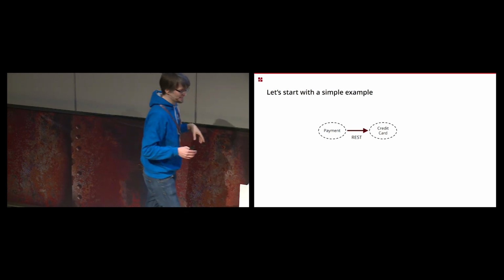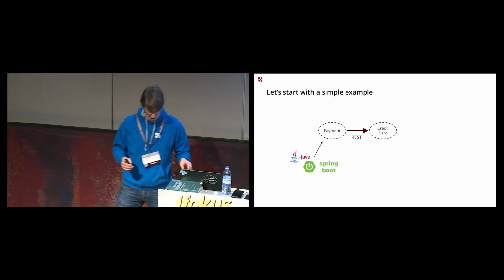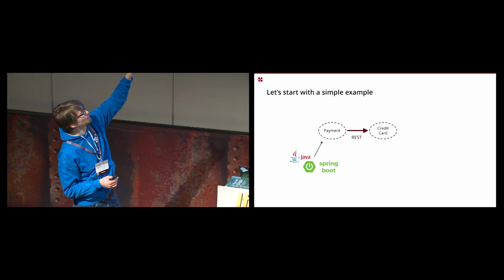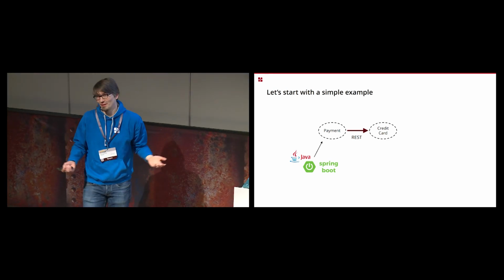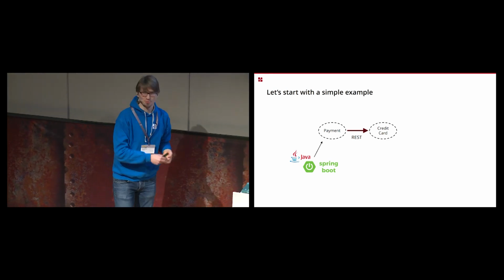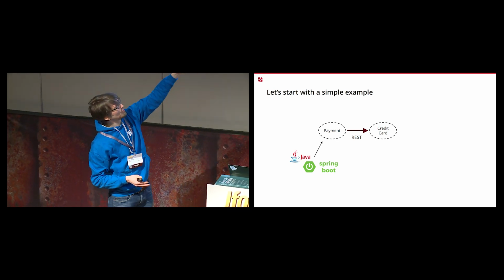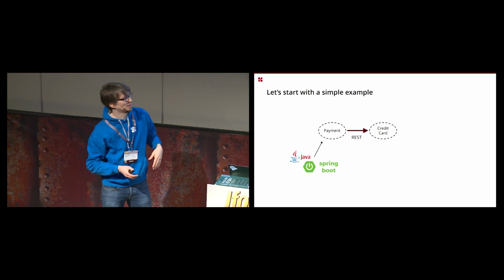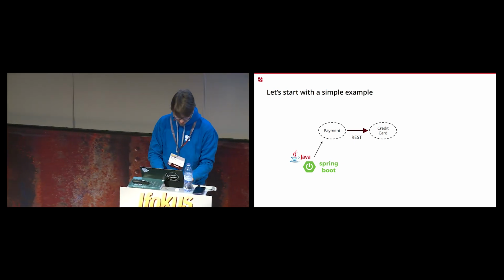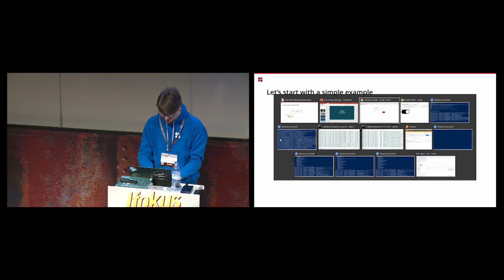Let's do that with a bit of code, live. I have a payment service here written in Java, obviously, using Spring Boot. It's a very small service, and it calls an upstream REST service, which I also have on this machine. Hopefully that's an easy setup. Let's quickly look at that.